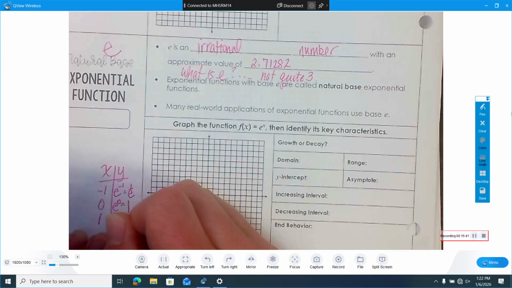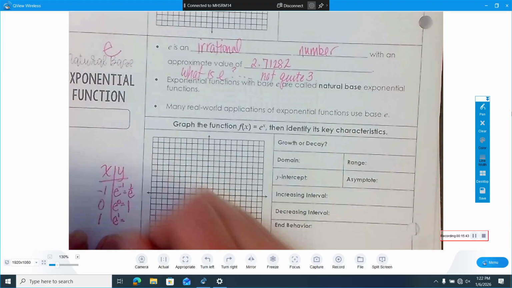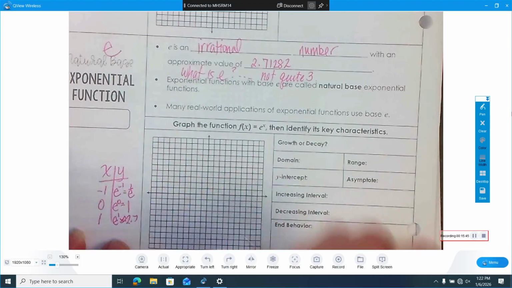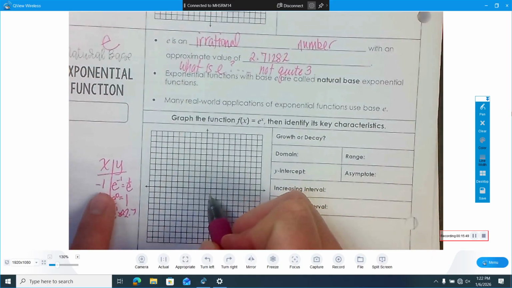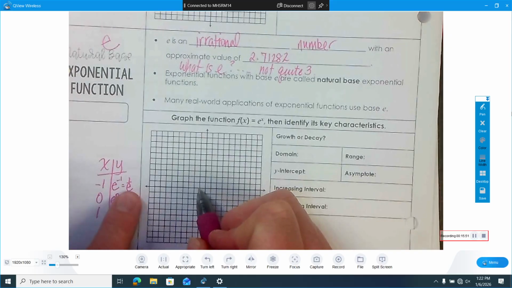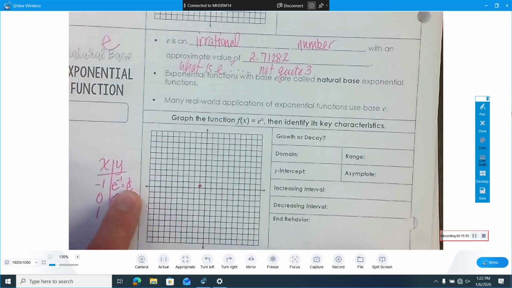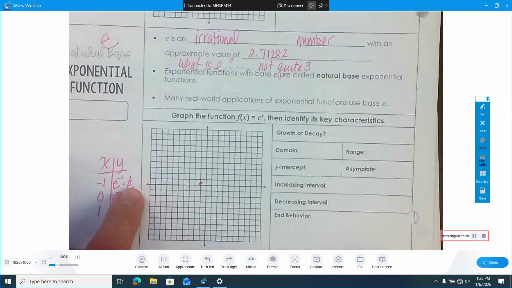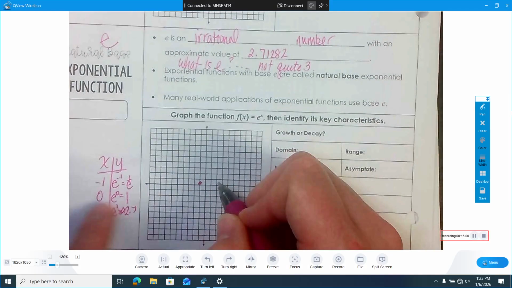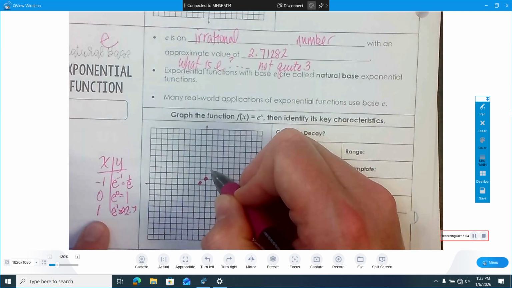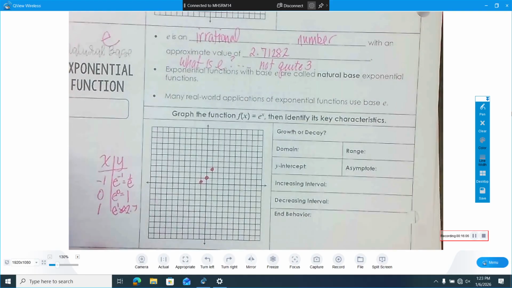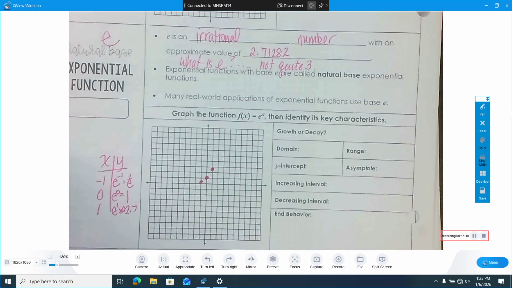And e to the first power is 2.7, or not quite 3. So the points are about 1/3-ish, then 1, then just under 3. And there we have our natural base exponential graph.